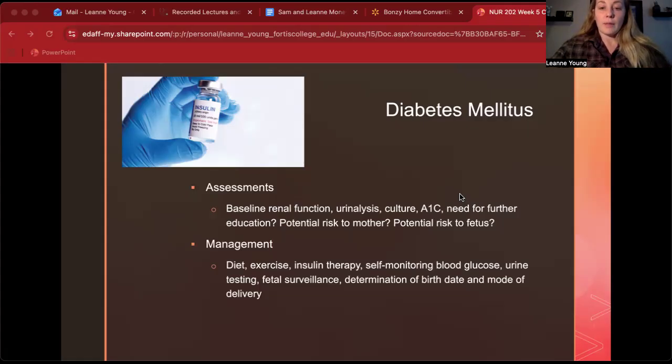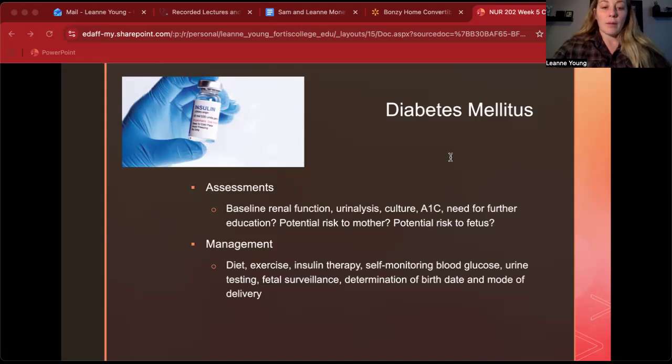Exercise, so 30 to 60 minutes a day is encouraged for any pregnancy, for any mom, but especially for our diabetic moms. Okay. Our insulin dosage is going to vary during pregnancy, and those patients should be managed closely by an endocrinologist. Acceptable fasting levels are between 60 to 105. 1 hour post meal levels should be less than 140.